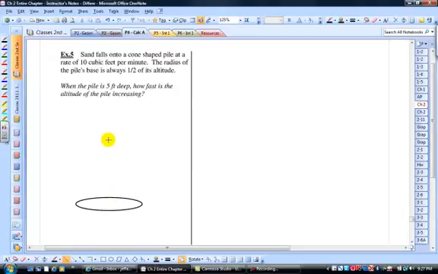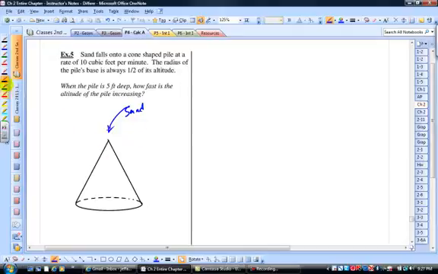Let's draw a cone here. It's obviously inverted because the sand falls into a cone. The sand is falling here, and it's dripping down, and it gets bigger and bigger and bigger.